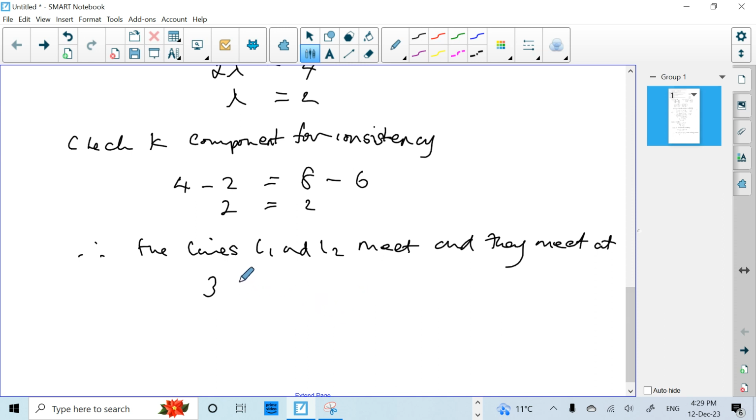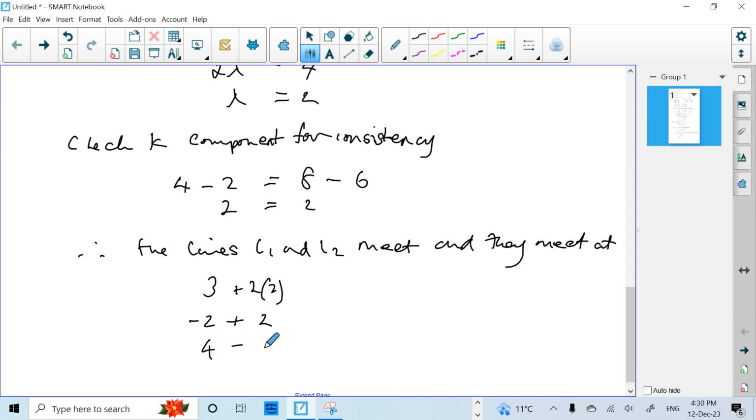So 3 plus 2 times 2, because lambda is equal to 2, and minus 2 plus 2, and 4 minus lambda.